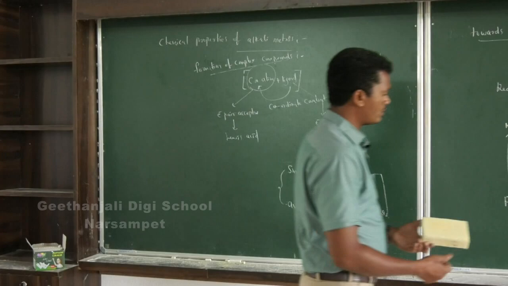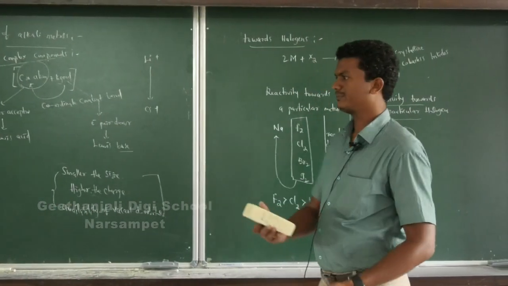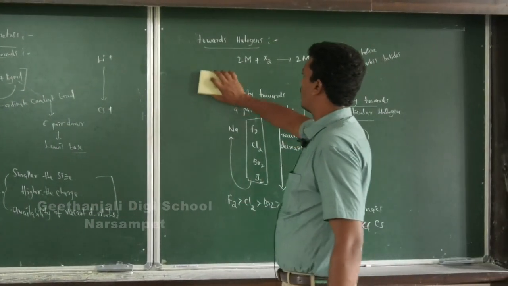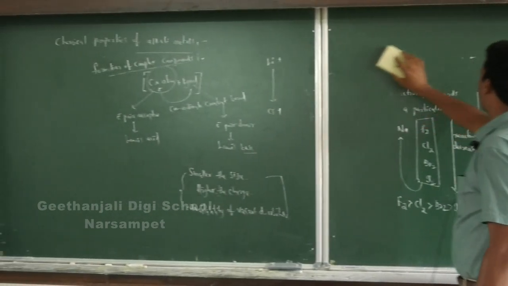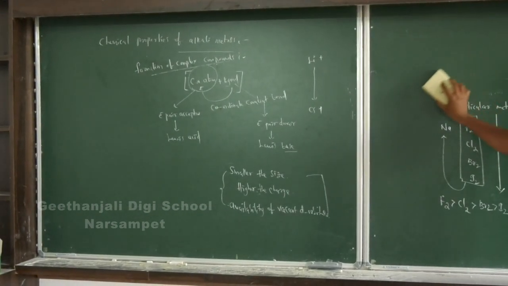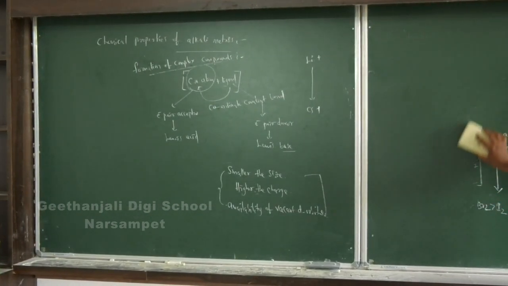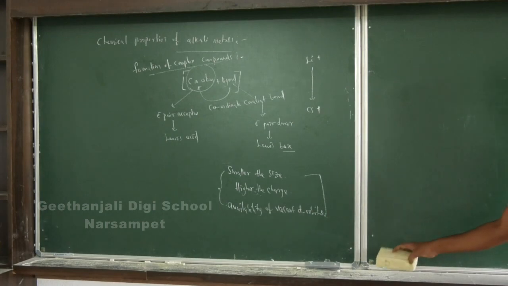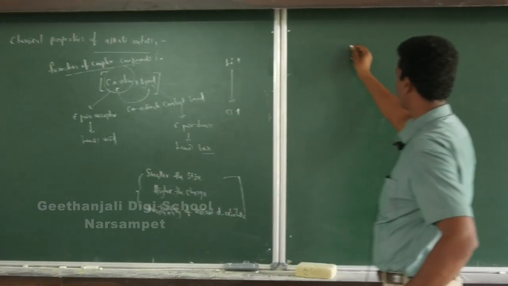Next, solubility in liquid ammonia. Alkali metals are highly soluble in 100% ammonia because the alkali metals are ionized into their ionic form.